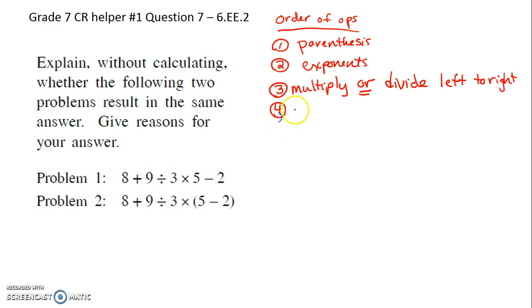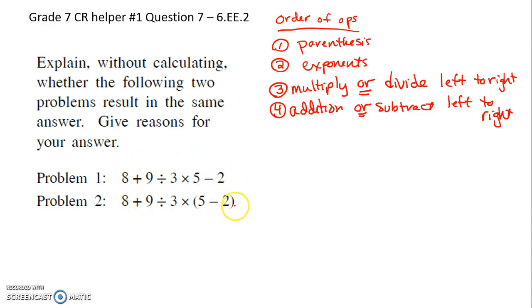And finally, in our last step, it's addition or subtraction, again, left to right. So if you hit subtraction before addition, you have to do that first. Got to move left to right with addition or subtraction. Okay.